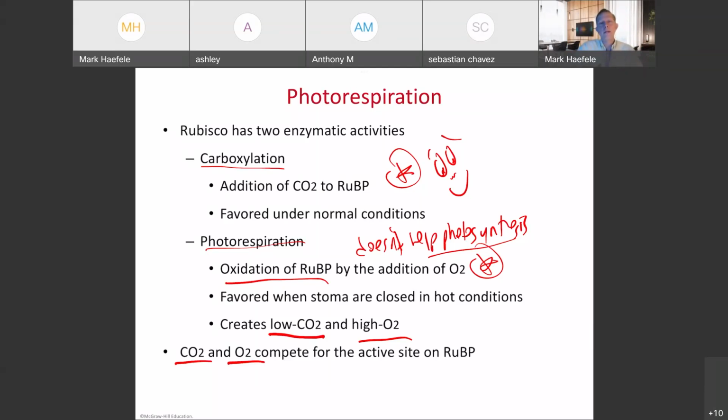Rubisco is basically a little bit of a switch hitter. It has a bit of a roving eye, so it's a bit promiscuous. We actually do use that word, promiscuous, to describe enzymes that don't have a lot of fidelity to their substrate. Fidelity conjures up the idea of infidelity in marriage.